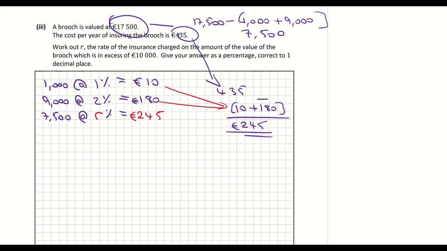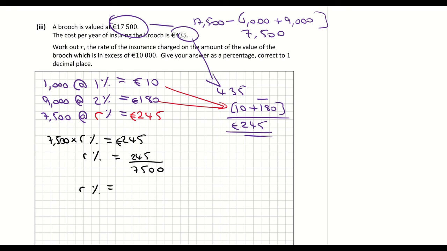So that means 7,500 multiplied by the new percent gets me €245. It's multiply, so to get rid of the multiply I divide. So that means that the percent is equal to 245 divided by 7,500.